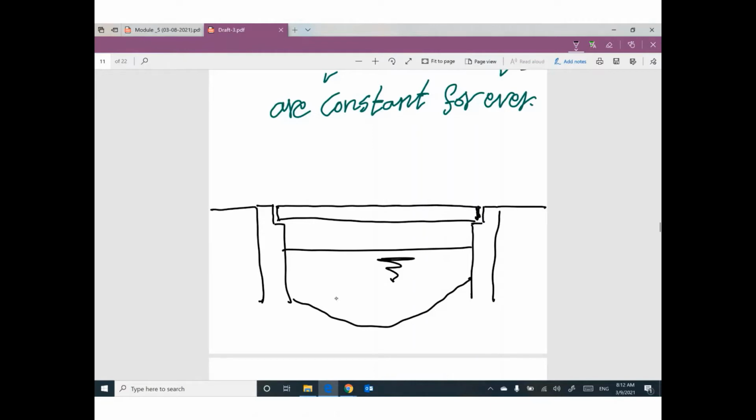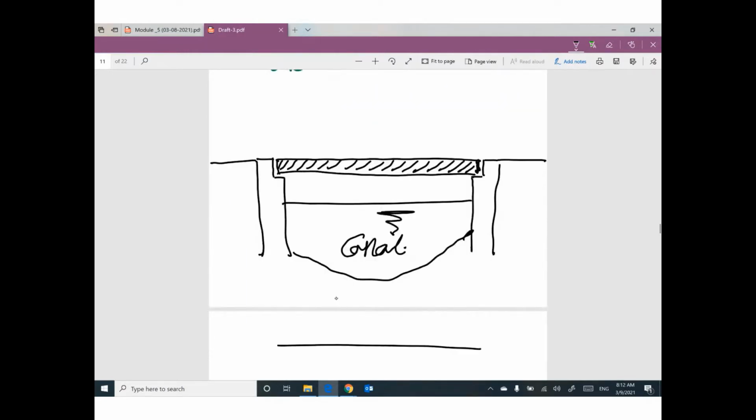We have a water canal here, so we have a bridge connecting the two sides. Actually, this bridge looks like a beam in structural analysis, supported on this side and supported on the other side. So this bridge looks like this beam.